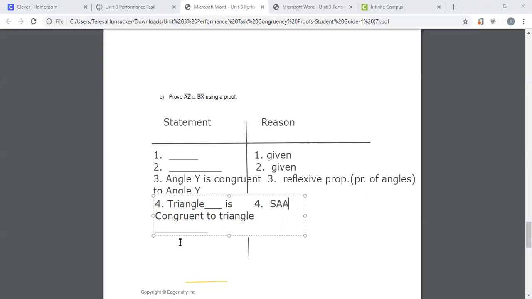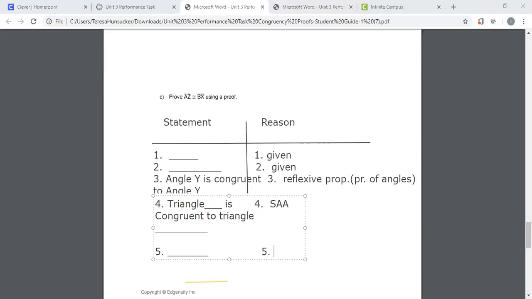Now, it asks for you to prove the very last statement, which is the proof statement. Okay, whatever it is, it's two segments. You have to prove two segments are congruent. So the reason is if two triangles are congruent, every pair of sides or segments are congruent, right?